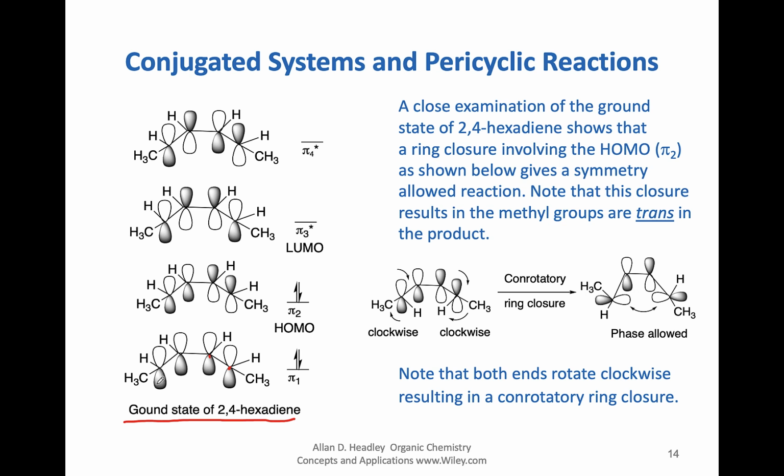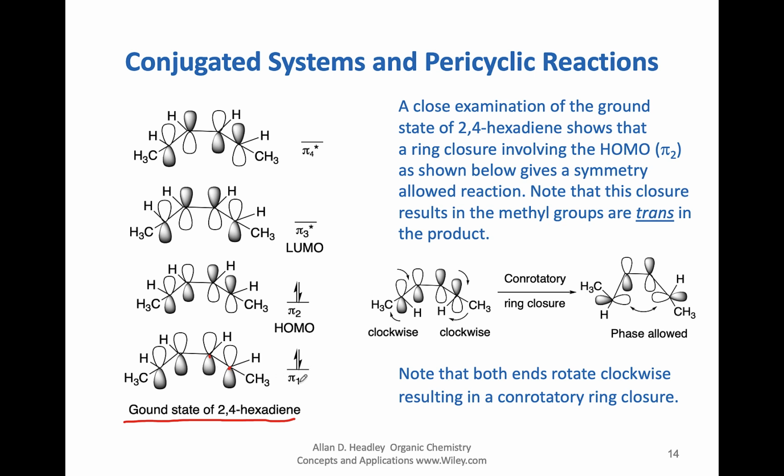And of course, if you form molecular orbitals, you form 4 molecular orbitals, just as we did in the previous lectures. So these are the 4 molecular orbitals for 2,4-hexadiene, looking basically at the conjugated diene system. These are the 4. So we have 4 electrons.